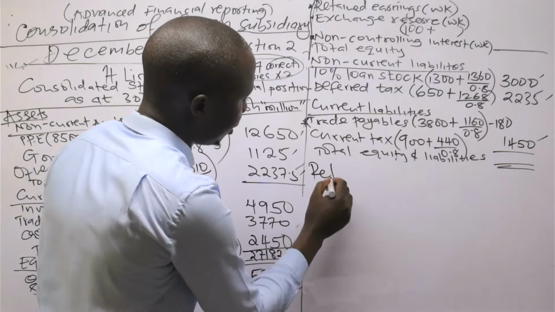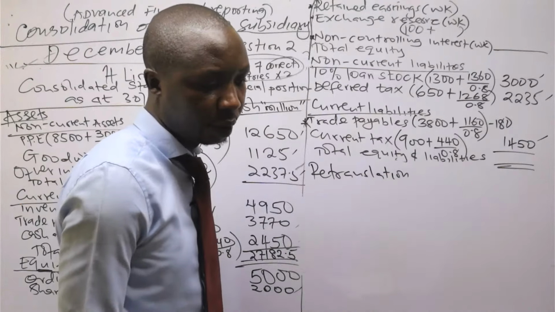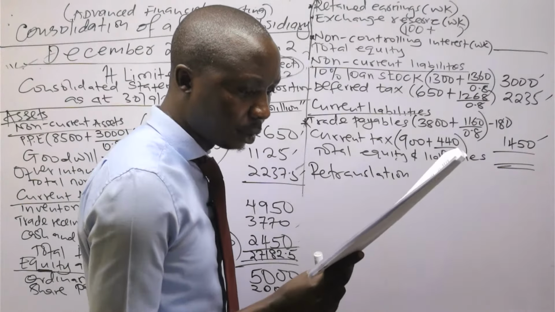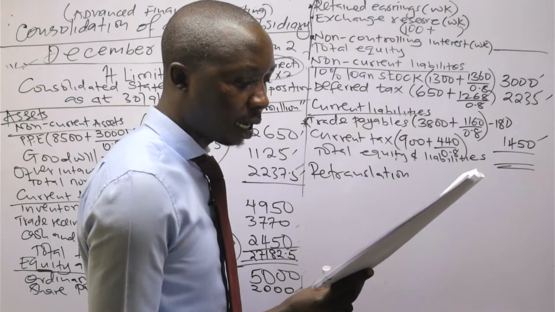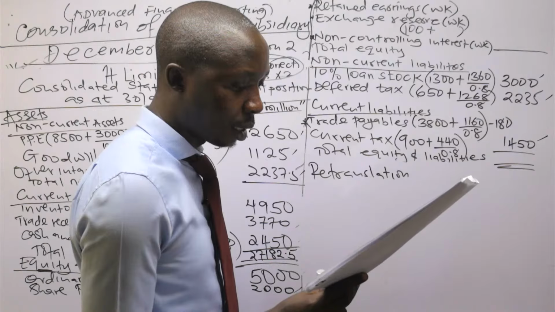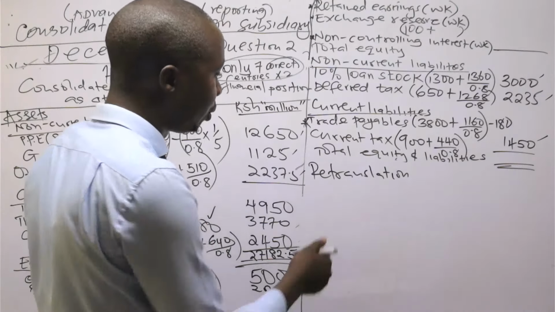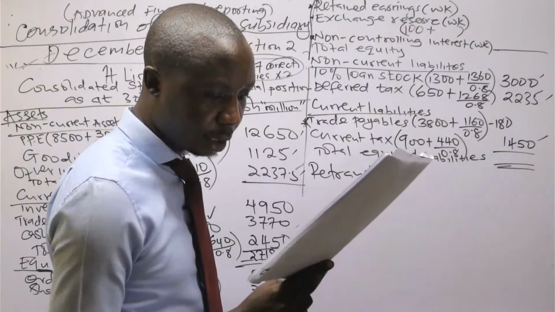So retranslation. Let's look at additional information number 3, because they talked about the 180, which was recorded by both entities. However, accounts payable is still recorded at the rate of exchange. So we need to do retranslation because that amount is still recorded at the rate of exchange that prevailed as at the date of the transaction in the financial statement.